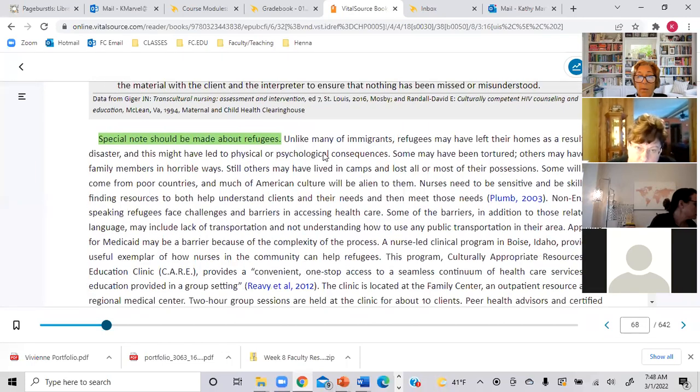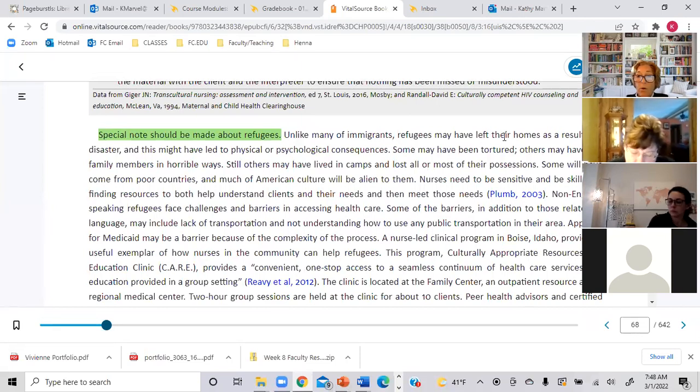Unlike immigrants, refugees may have left their homes as a result of disaster, which may have led to physical and psychological consequences. Some may have been tortured, others may have lost family members in horrible ways.